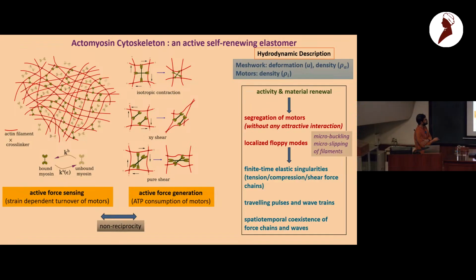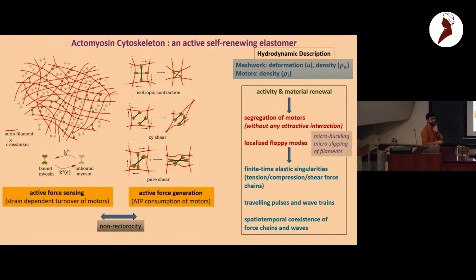So due to activity and this material renewal and force sensing aspect, we will see that these myosin motors that are homogeneously distributed on the material will undergo a phase segregation. They will form myosin rich and myosin poor domains.